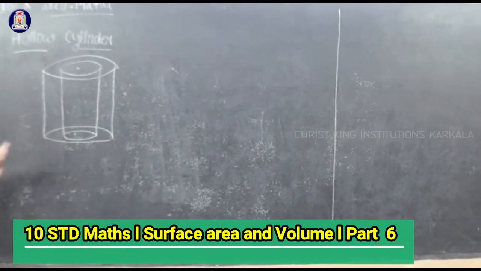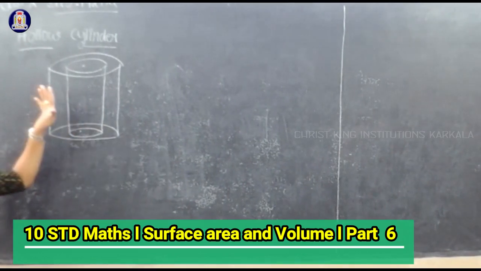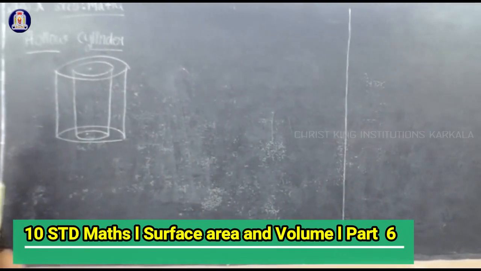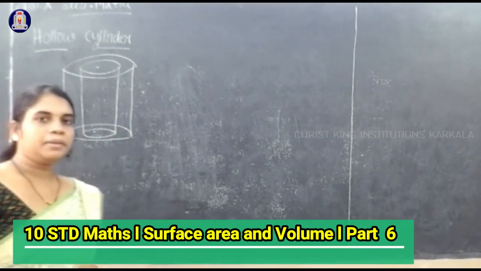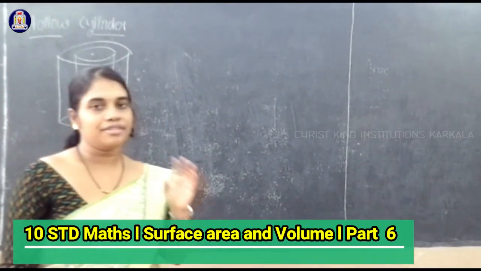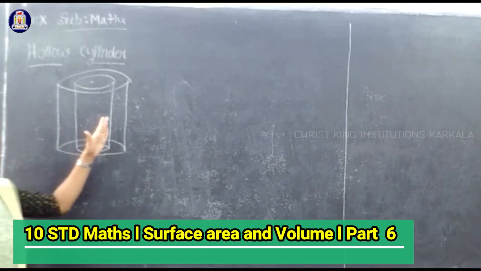A hollow cylinder means this is the exact shape of the hollow cylinder. See students, a hollow cylinder is nothing but a solid which is empty from inside.